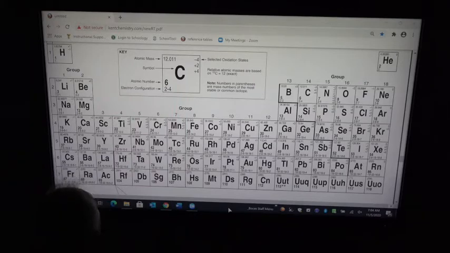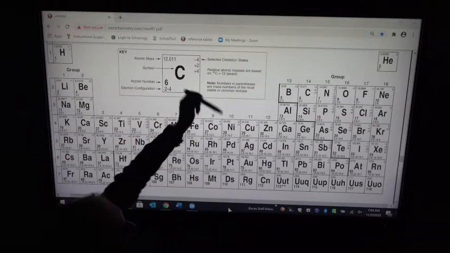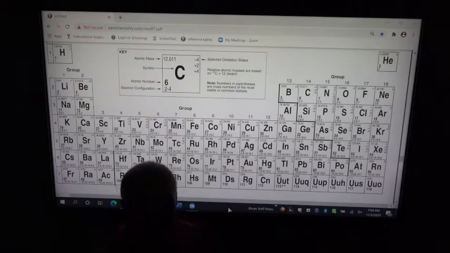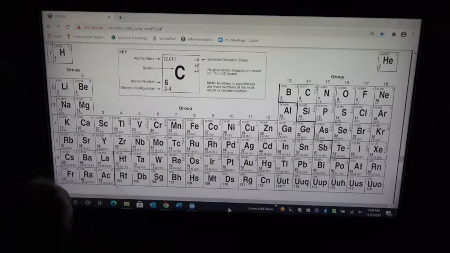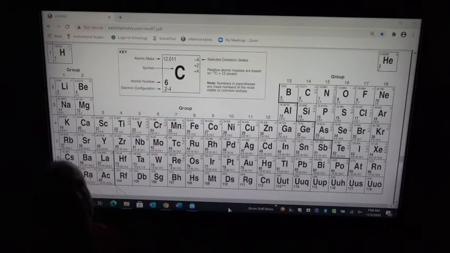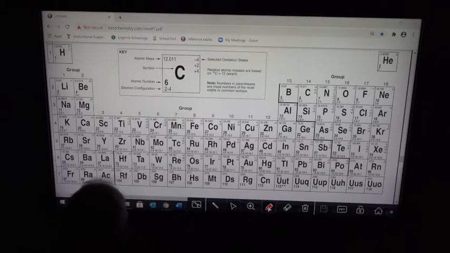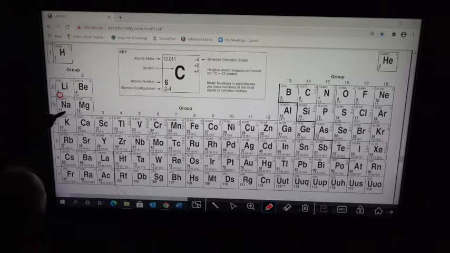Yep. These are groups. The groups go down. Don't forget. And the big deal is, why are all these elements in group 1 put in group 1? Because all the elements in group 1 have one valence electron in their outside shell.